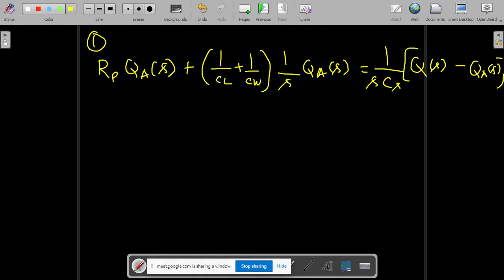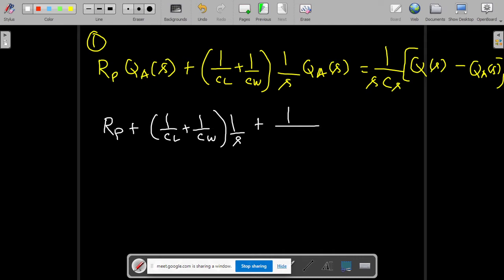Okay, so using this equation we'll try to find QA of S in terms of Q of S. Okay, so we'll sum up all the QA of S terms together: RP plus 1 by CL plus 1 by CW into 1 by S plus 1 by S into CS. Okay, so these two terms are here, and this QA of S term I'm also bringing here.